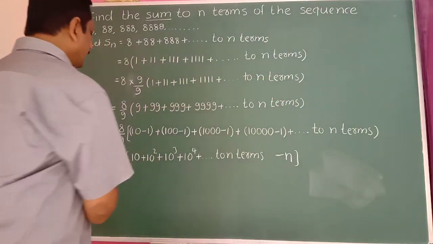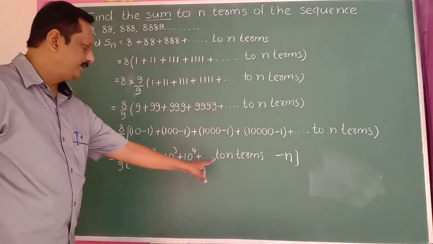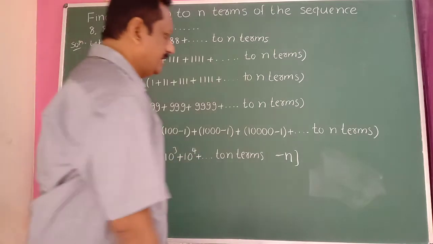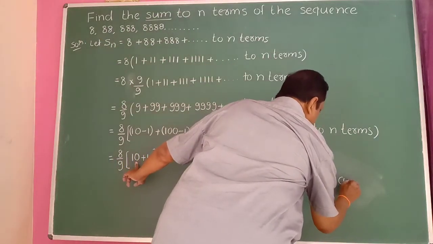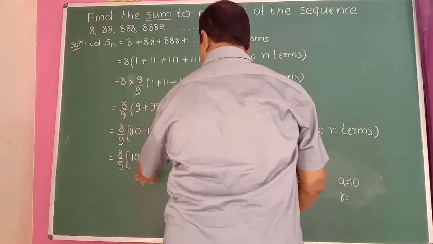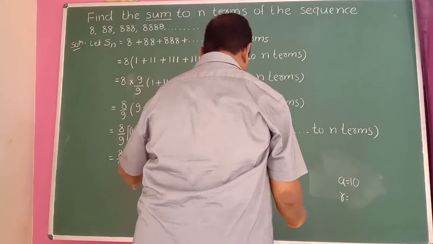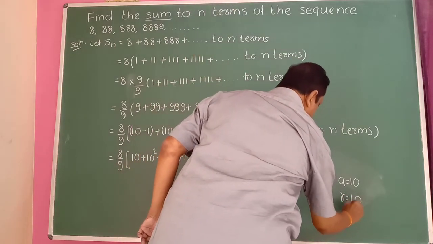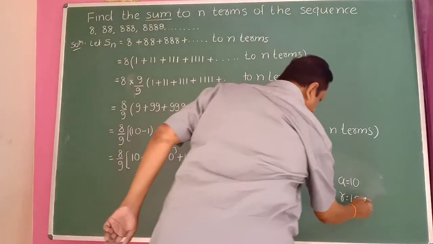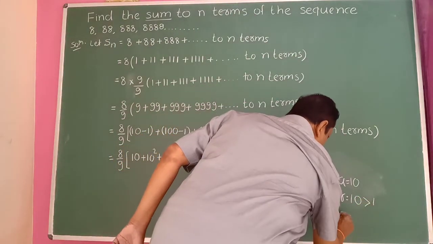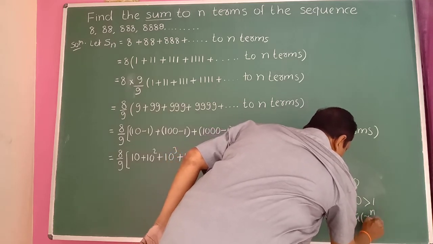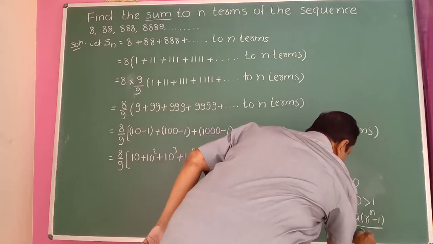Next, these terms are in GP. Here first term is 10, a is equal to 10, and the common ratio is the second divided by the first term. 10 square by 10 is again 10 only. This value is greater than 1, so use the formula Sn equal to a r raised to n minus 1 divided by r minus 1.